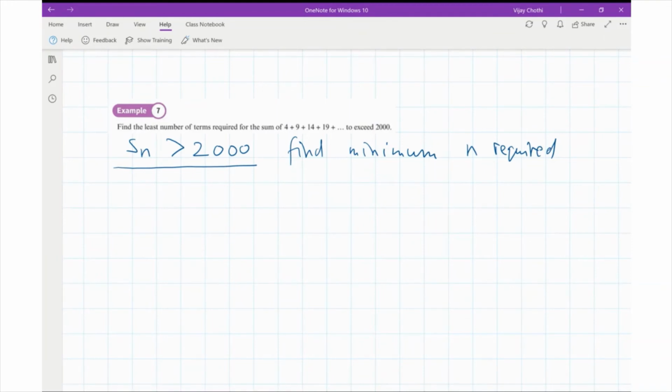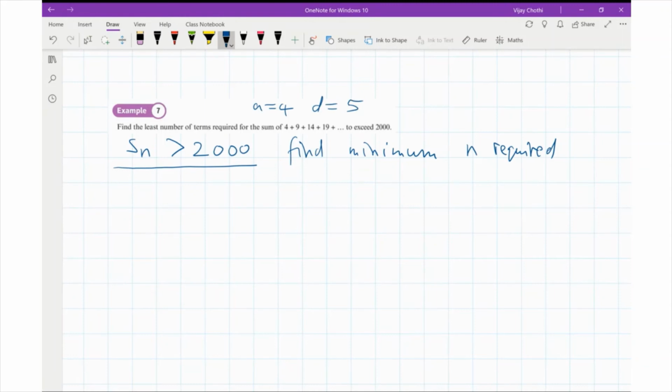Okay, so I think in the book they have equals all over the place. I don't like what they've done in the book, so I'm going to do it the good way. So first of all, a is the first term. a is 4. It's going up by 5, so d is 5. Okay, that's all you know.